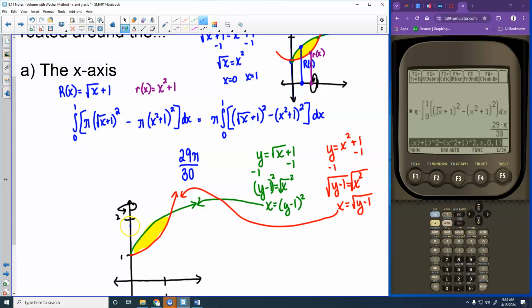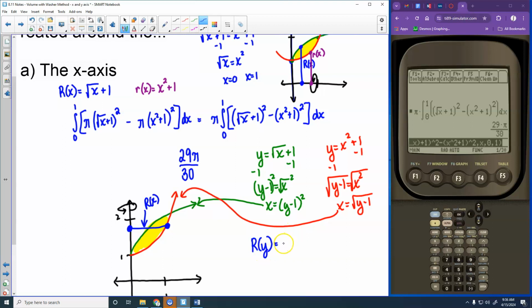So you're rotating around the y-axis. The furthest away graph is your red graph. So your capital R of x, your outside radius, what is it going to be? Oh, and I'm messing that up. I shouldn't do R of x, should I? R of y.